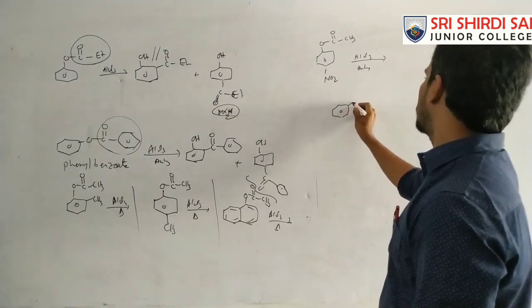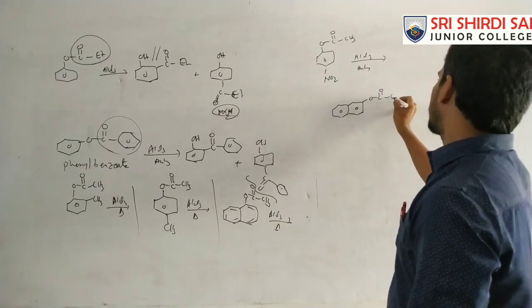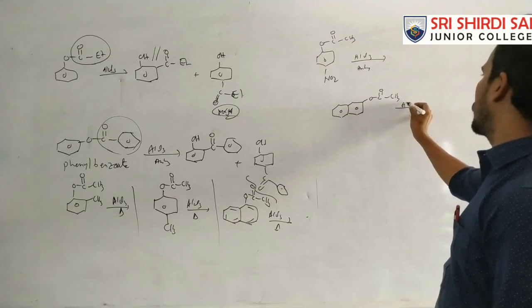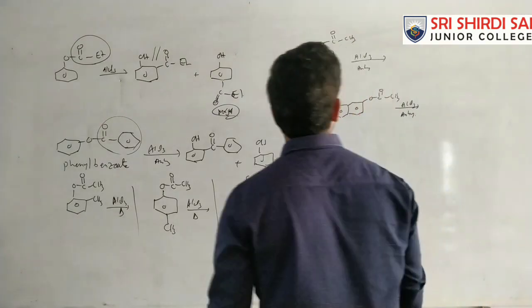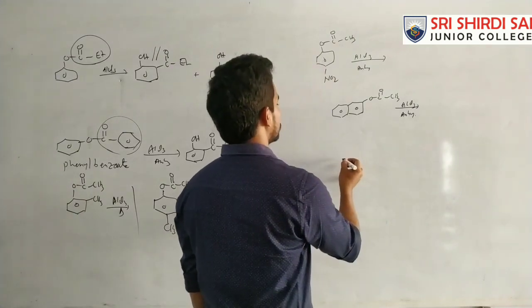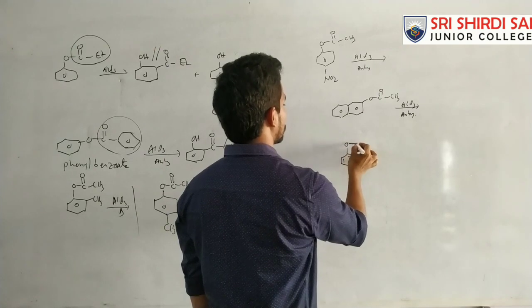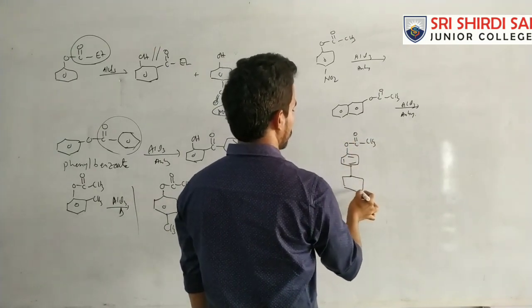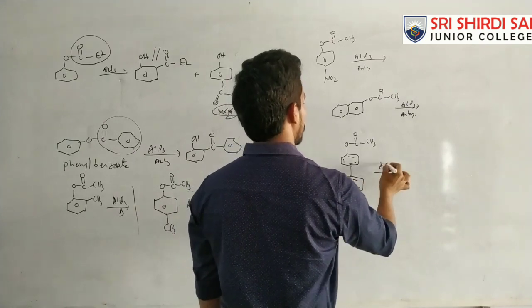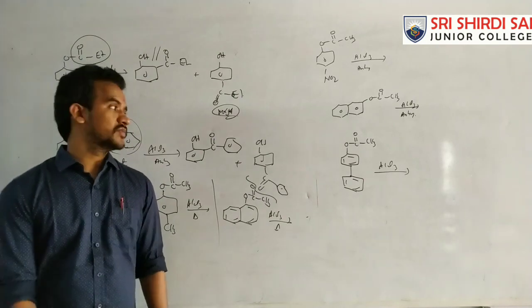Then O C double bond O, CH3 with anhydrous AlCl3. Next, another example with AlCl3. There are very interesting examples.